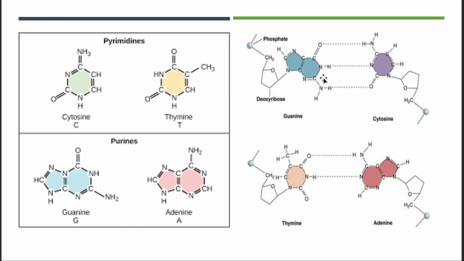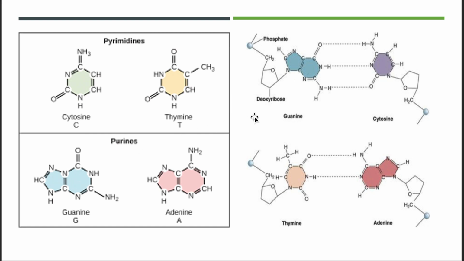The hydrogen bonds are always formed between a purine and a pyrimidine, or a pyrimidine and a purine. We never see hydrogen bonds between 2 pyrimidines or 2 purines.